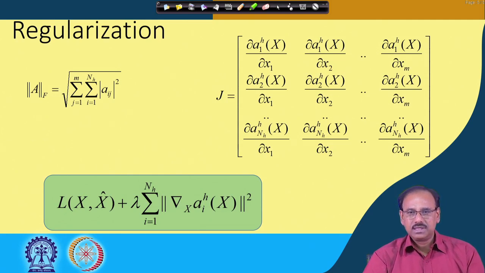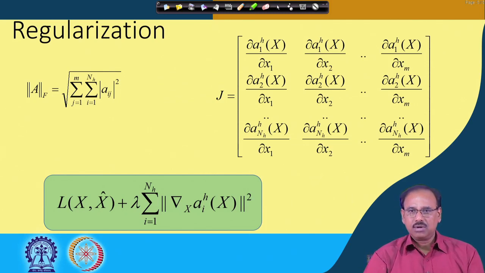Again, here the regularization is on activations, not regularization on the weight values, which is done in case of multilayer perceptron. So, here the regularization is on the activations, and the regularization term can be something like minimization of the Frobenius norm of the Jacobian matrix of the activation functions in the hidden layer.